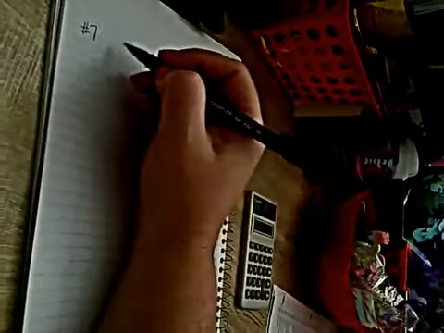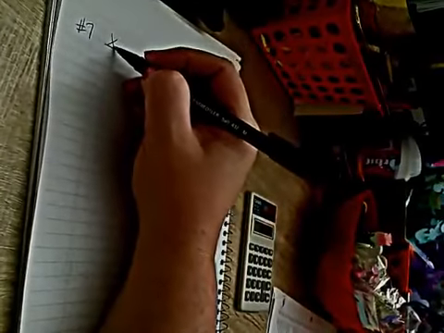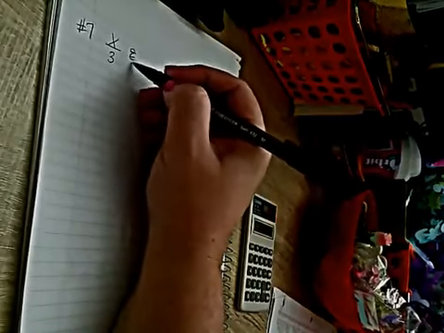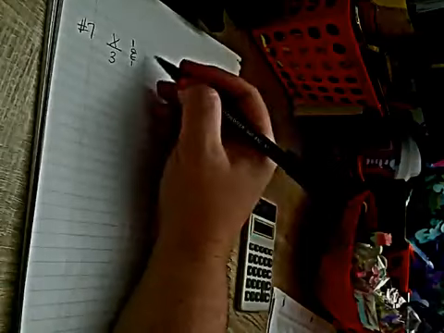Okay, number 7 in chapter 10, pharmacy calculations, you have blank, which would be x, over 3, equals 4 over 6.